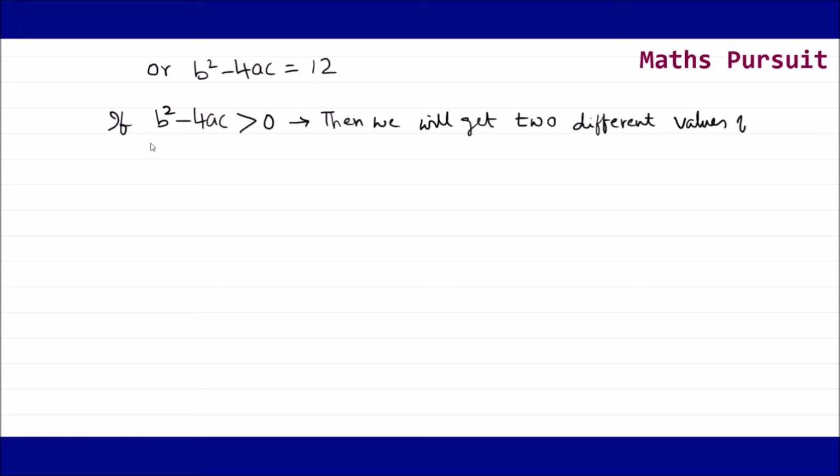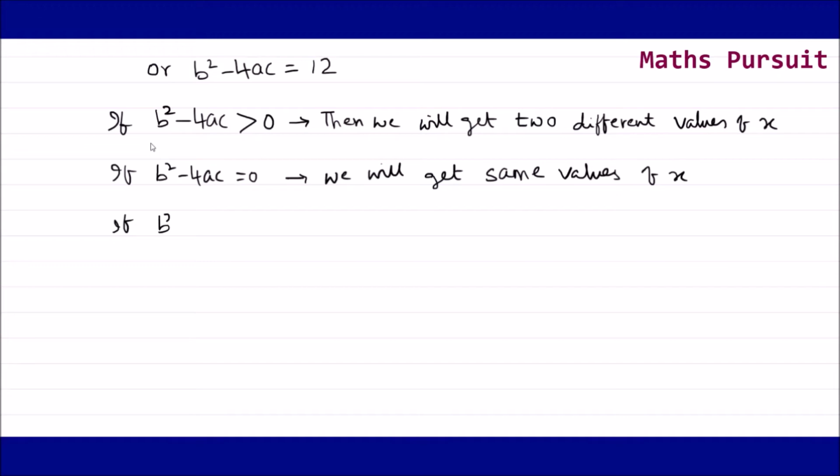Similarly, if b² - 4ac is equal to 0, we will get two same values of x. Okay. Similarly, if b² - 4ac is less than 0, we will not get any values of x.